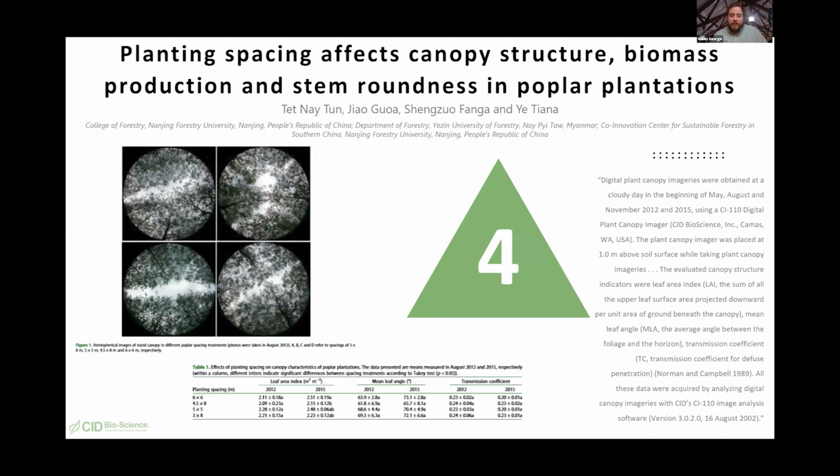And then they evaluated canopy structure indicators like LAI, leaf angle, and the transmission coefficient for the photosynthetically active radiation, and compiled all that data to determine under which conditions these trees actually thrive. So that was another great standard forestry application that we would expect our instrument to be very useful in.